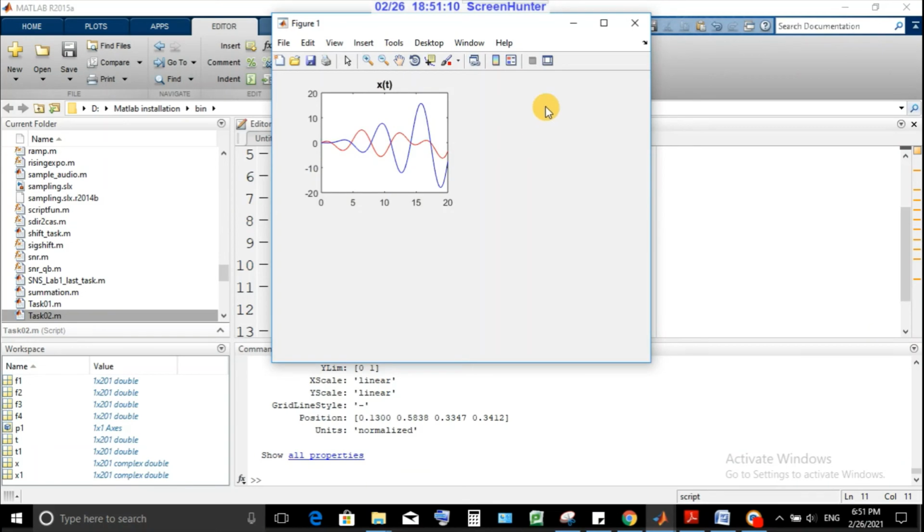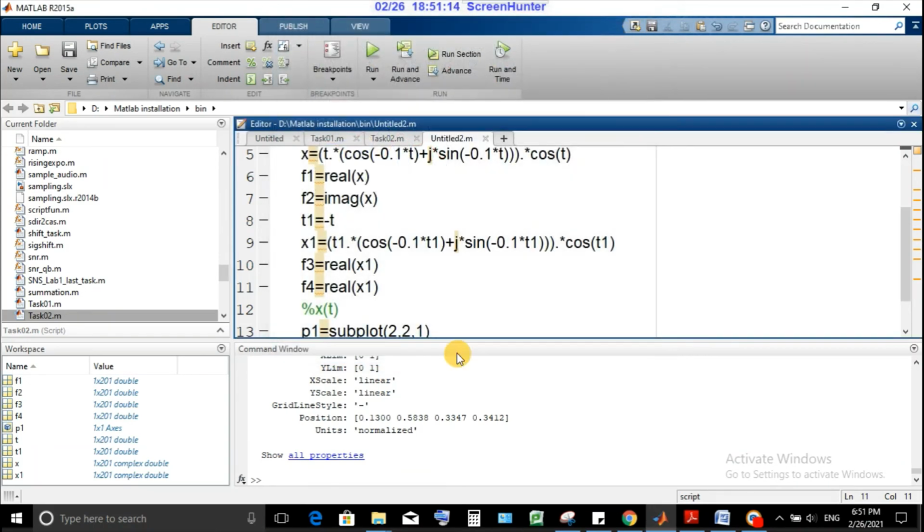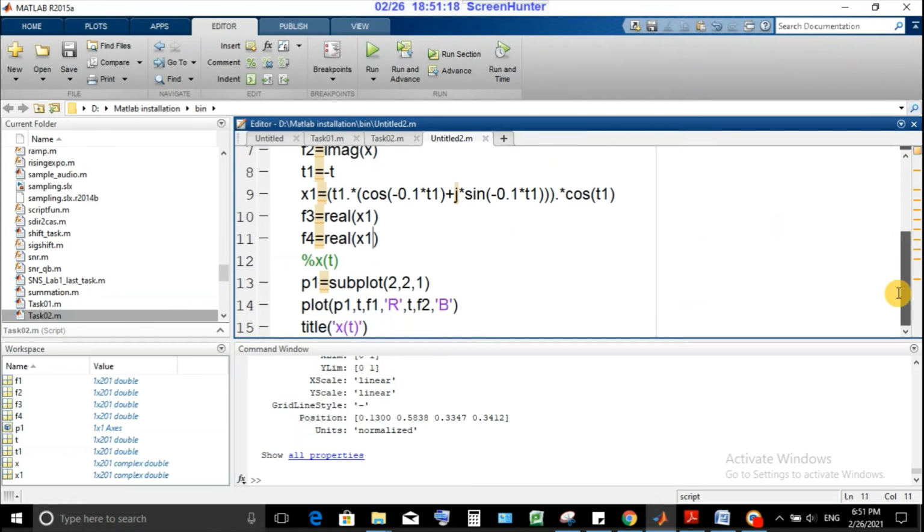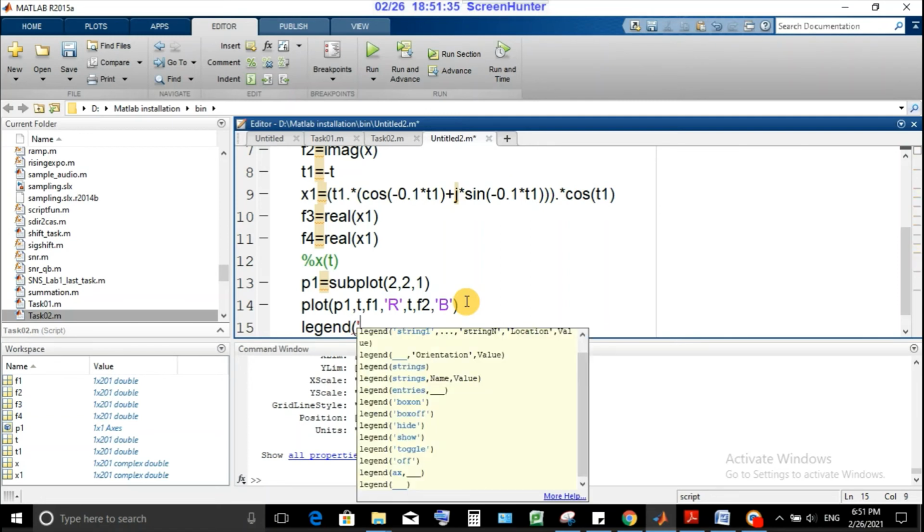Yes, here we have plotted the original signal x t, and we can further also identify the real and imaginary parts. Let's say we use the command legend for separately identifying the real part and imaginary part.